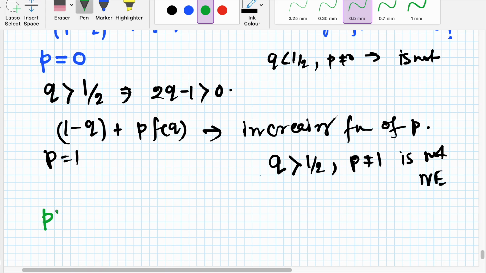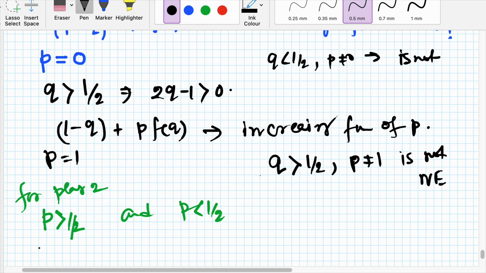Now you will find the same situation for player 2. For p greater than half, the best choice for player 2 will be q equal to 0, and for p less than half, player 2's best choice corresponds to q equal to 1.